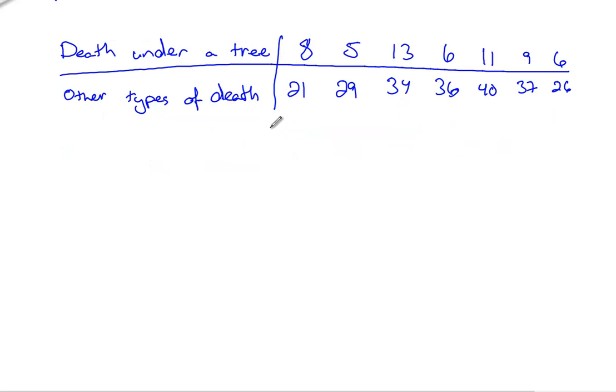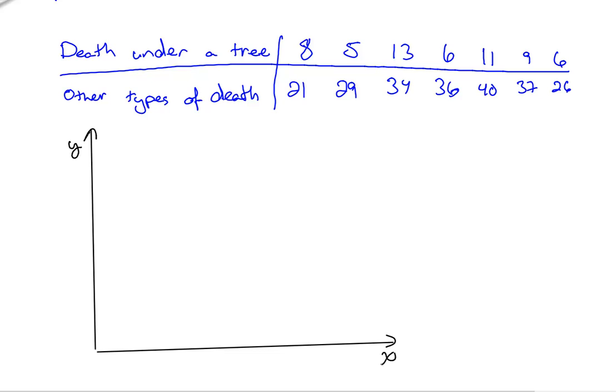Okay? So I'm going to come here and try to draw my graph a little bit better. This would be my y-axis, this would be my x-axis. And so this down here is deaths under a tree.